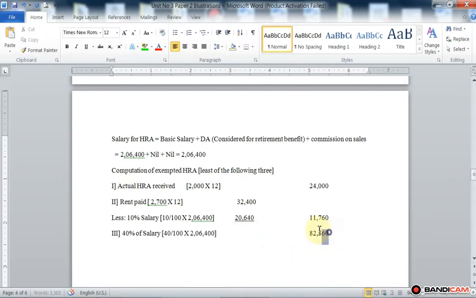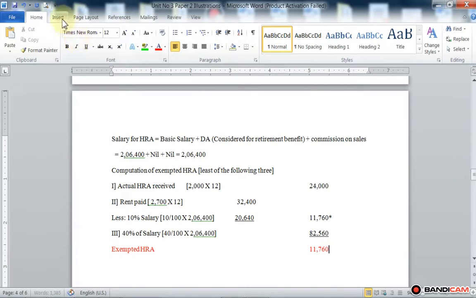Here don't make total. Now find out the exempted HRA. So exempted HRA is equal to least of the following three. Least means the minimum value is allowed for deduction. So minimum value is rupees 11,760, which is allowed for deduction or exempted HRA.